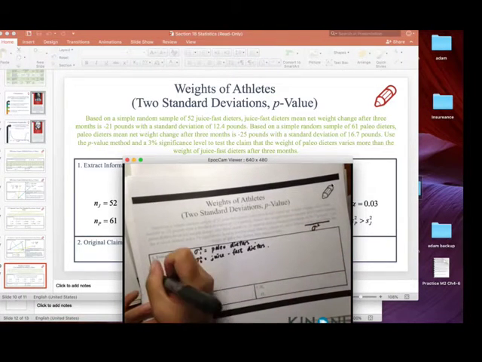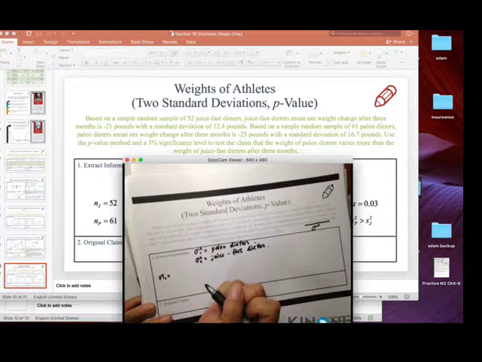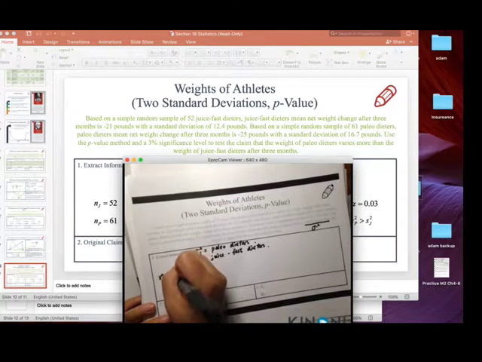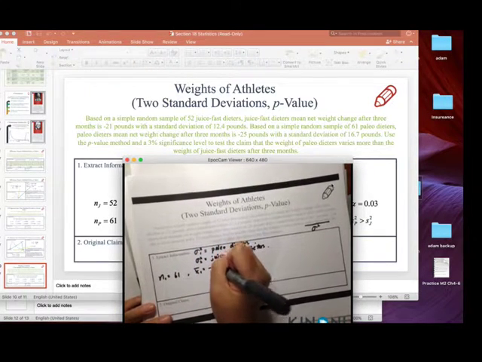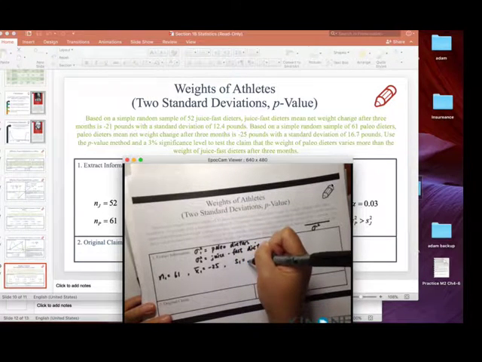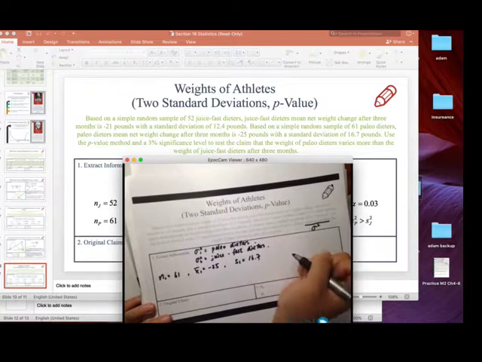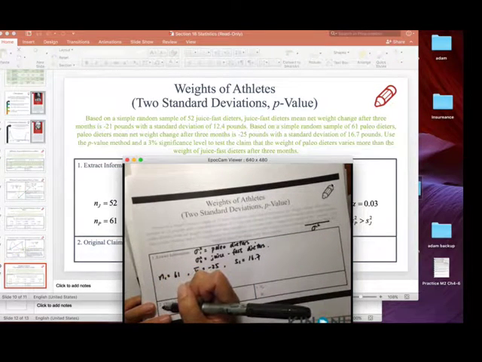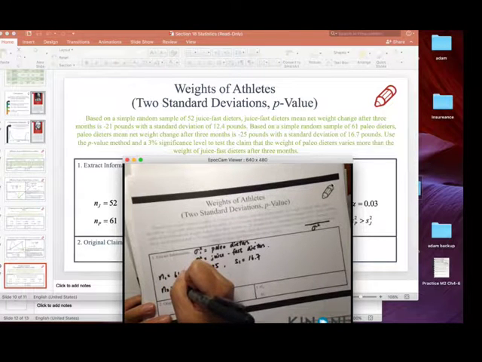Then write down the sample size 61, mean -25, sample standard deviation 16.7.